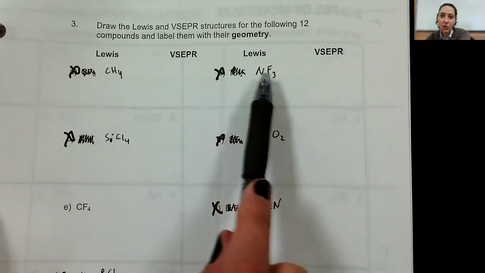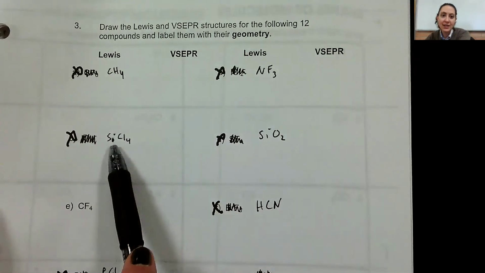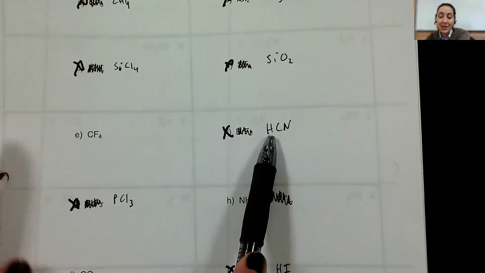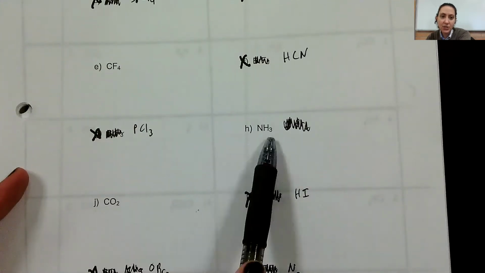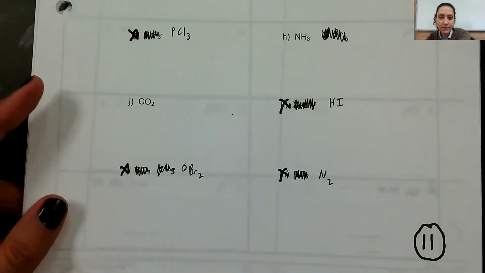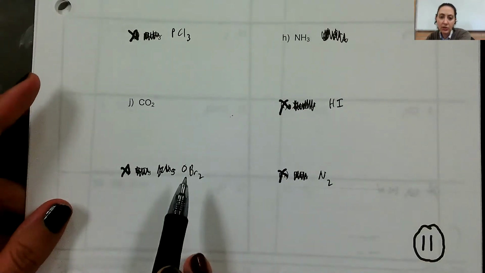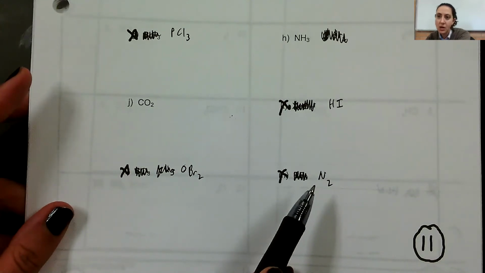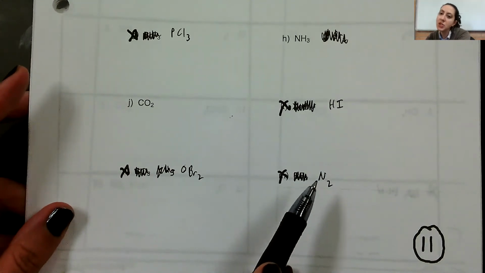So we're going to start with this one. So we've got CH4, NF3, SiCl4, SiO2. CF4 is fine. HCN, PCl3, NH3, CO2, HI, OBr2, and N2. I'm wondering if we should change the HI one.